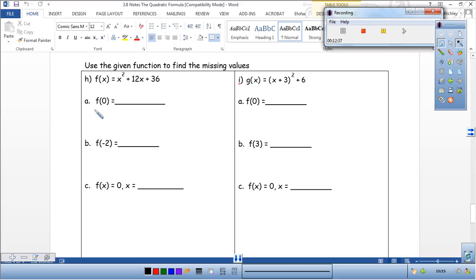Remember that all that means is that x equals 0. Find y when x is 0. So you plug in 0 everywhere you see it. So you're going to have f of 0 equals, replace all your x's with zeros.